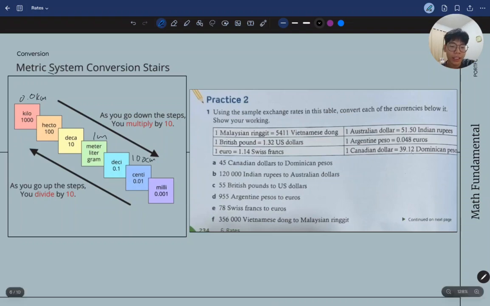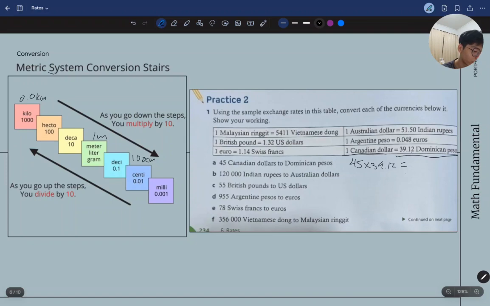Question A is asking us how much 45 Canadian dollars converts into Dominican pesos. 1 Canadian dollar is 39.12 Dominican pesos. So if we have 45 Canadian dollars, we could do 45 times 39.12. Simple as that.